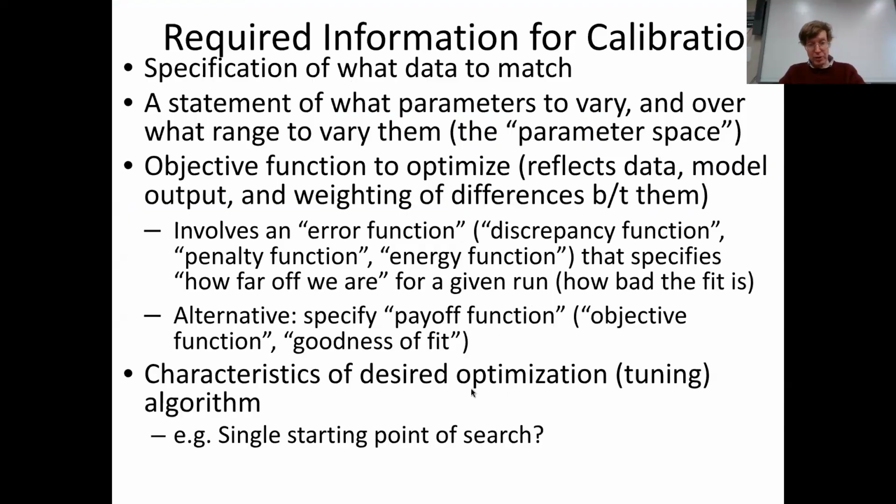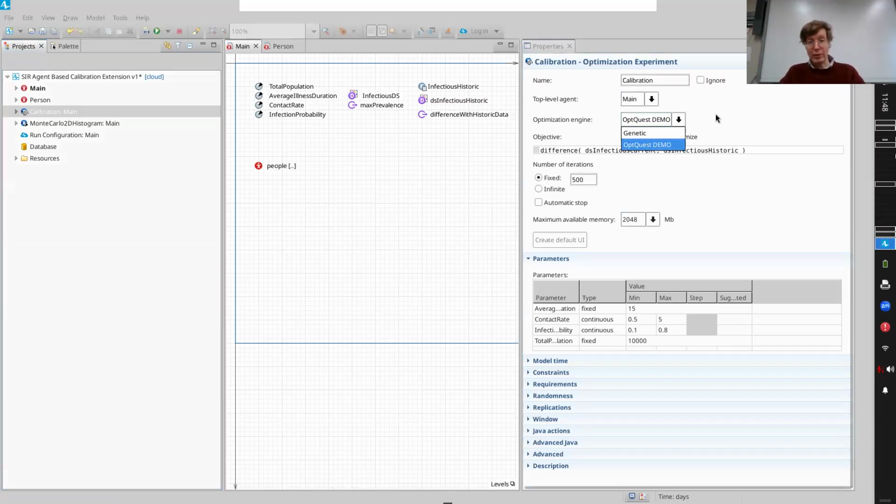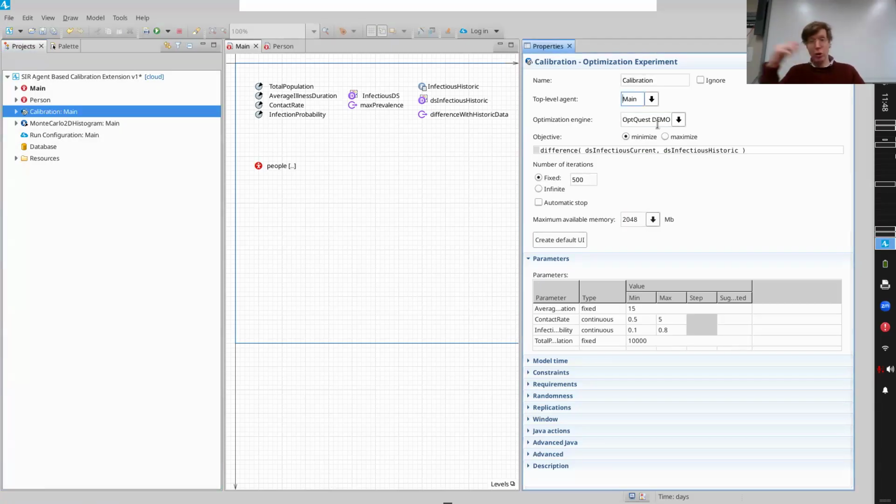And then characteristics of the desired optimization or tuning algorithm. That's this so-called OptQuest, which is widely used software for global optimization that can be used for many purposes, including policy optimization.